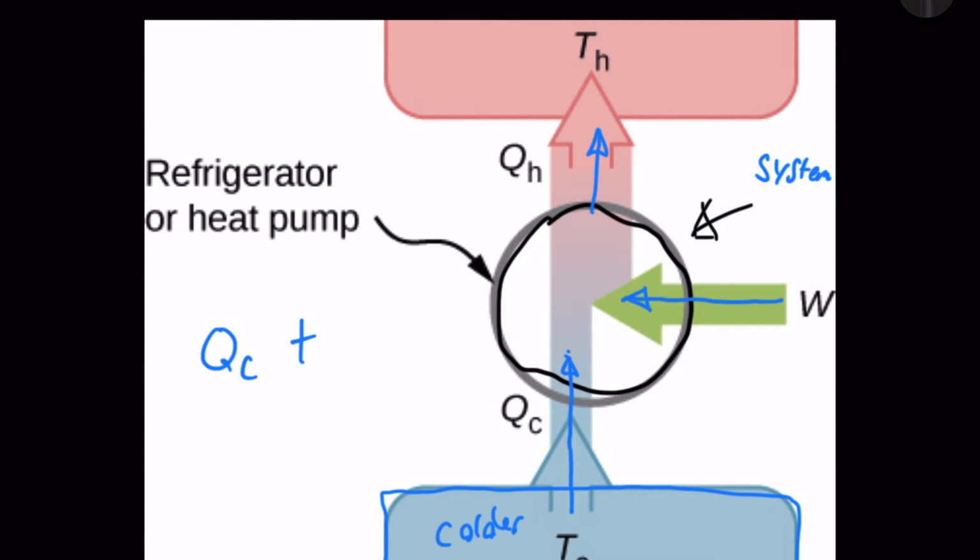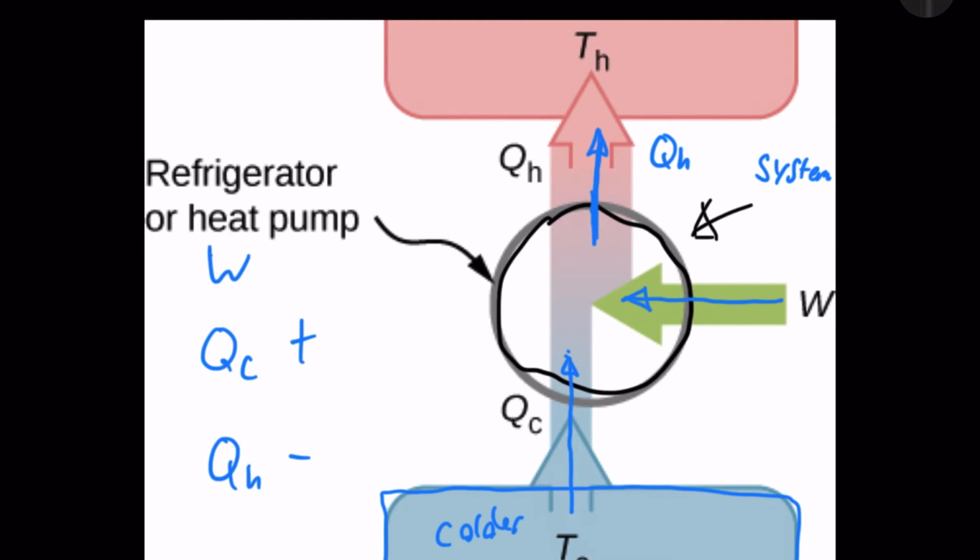We take out QH from our motor, from our system. QH, the amount of heat added to the hot source, is negative. Although we're adding heat to the hot source, we're making it leave the system. It's going out of the system, so it's negative because we're taking it out of the engine.